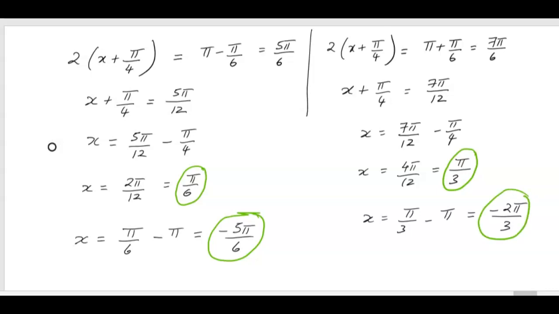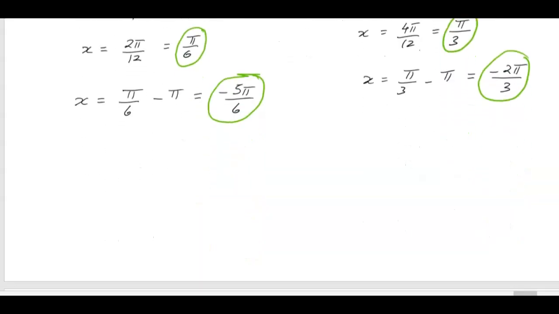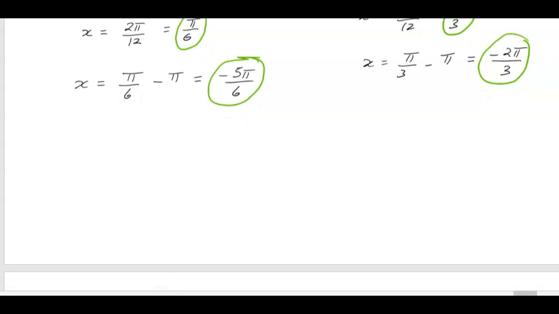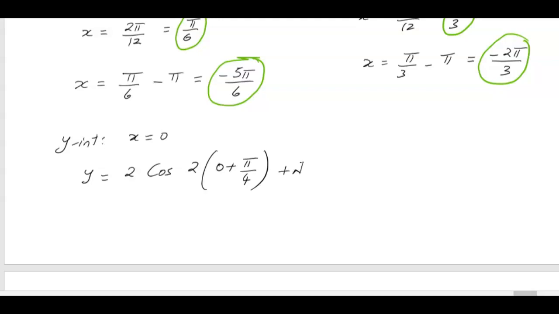We also have to talk about the y-intercept as well as the endpoints for this particular function. So let's start with the y-intercept. To find the y-intercept, we make x equals 0. So if I make x equals 0, I'm going to have y equals 2 times cos 2 brackets 0 plus pi on 4, plus square root 3.